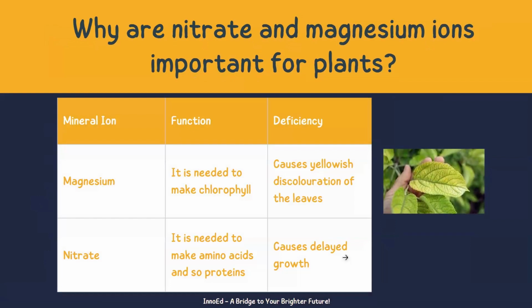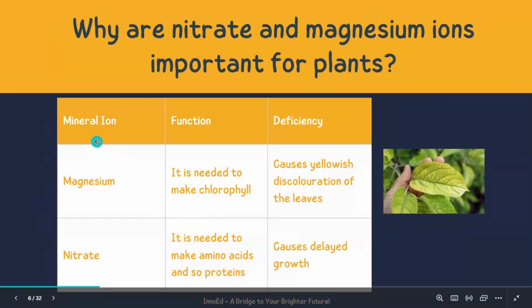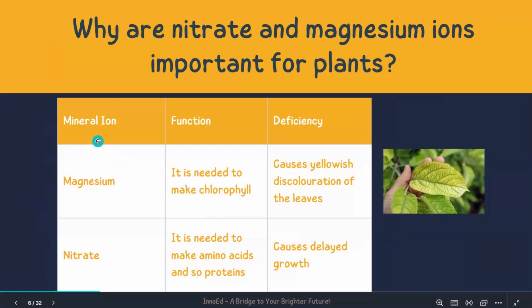Now let's look at the table of the important mineral ions for the plants. Although there are many other important mineral ions, these two are the most important ones for your exam. The first one, magnesium. Magnesium is used to make chlorophyll for photosynthesis. When it is deficient, the leaf will become less greenish and more yellowish.